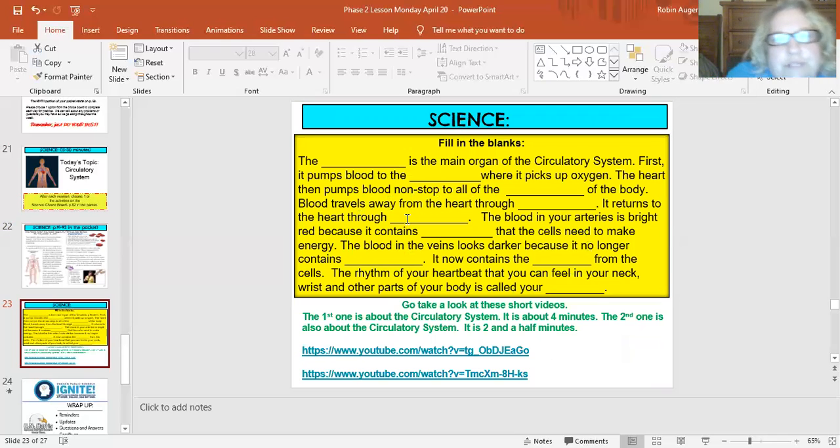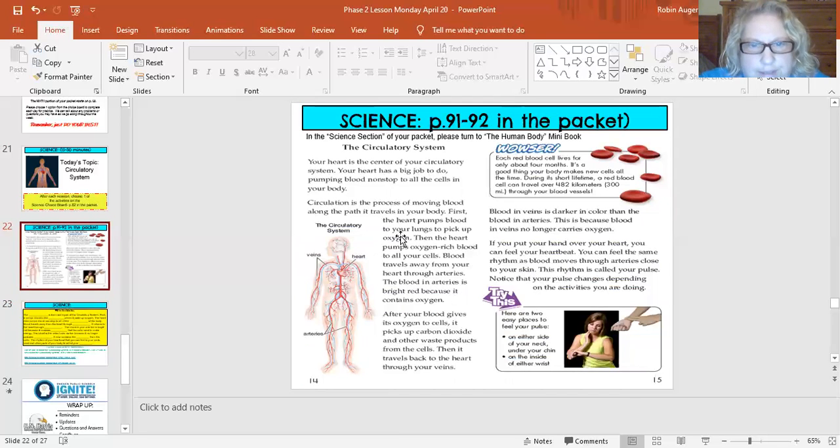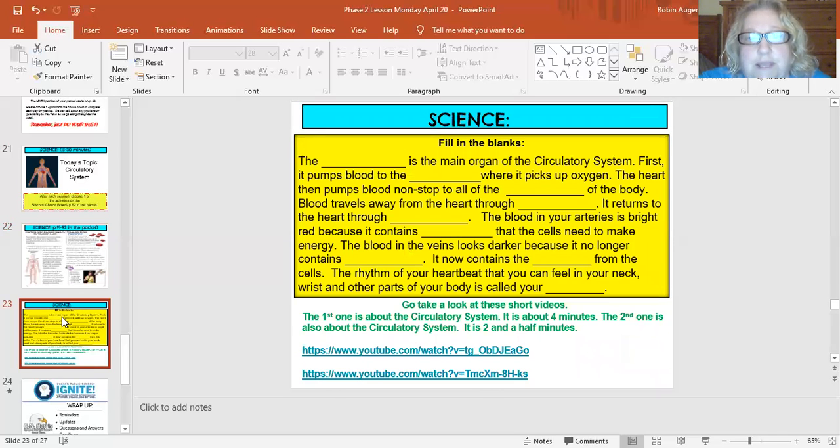The blood in your arteries is bright red because it contains what? Okay, the blood that is going away from the heart contains oxygen-rich blood, okay, that the cells need to make energy. The blood in the veins looks darker because it no longer contains oxygen, okay?